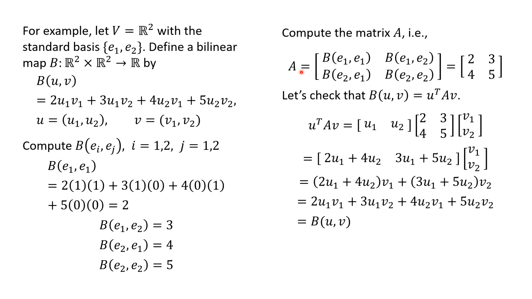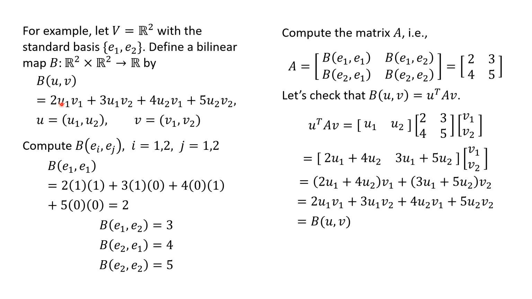Now, if we want to get our matrix A, we do need a basis, and we're going to use the standard basis. So we need to compute B(e1, e1), B(e1, e2), and so forth, the four possibilities. Remember that e1 is just (1, 0), and e2 is (0, 1). So I'll give you the details of the first one here.